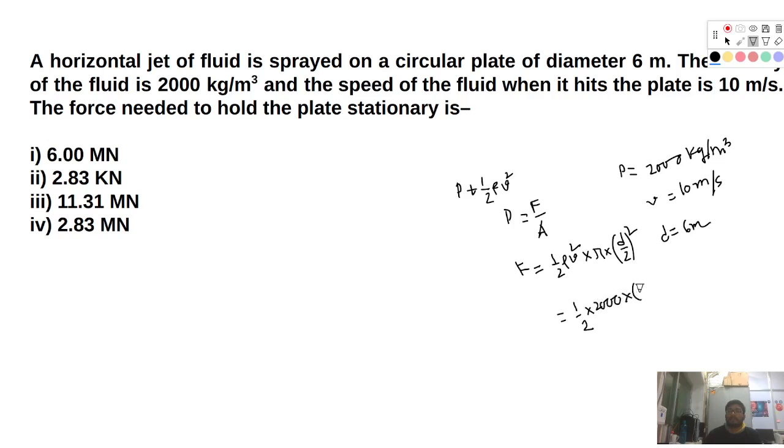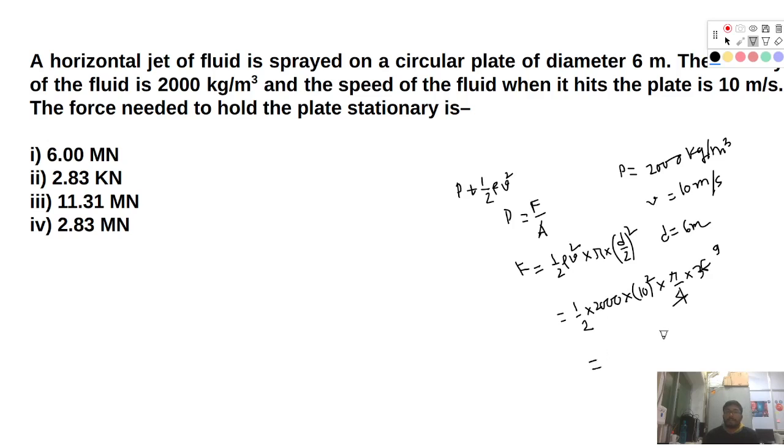Half into rho into 10 square, this v square, into pi by 4, correct, into d square, where d is 6, that should be 36, right? So if we cancel this out, this should be 9.